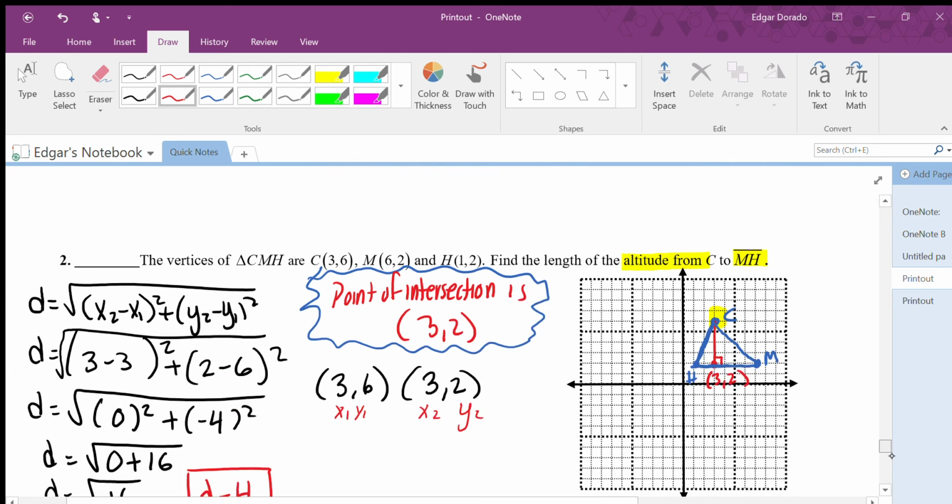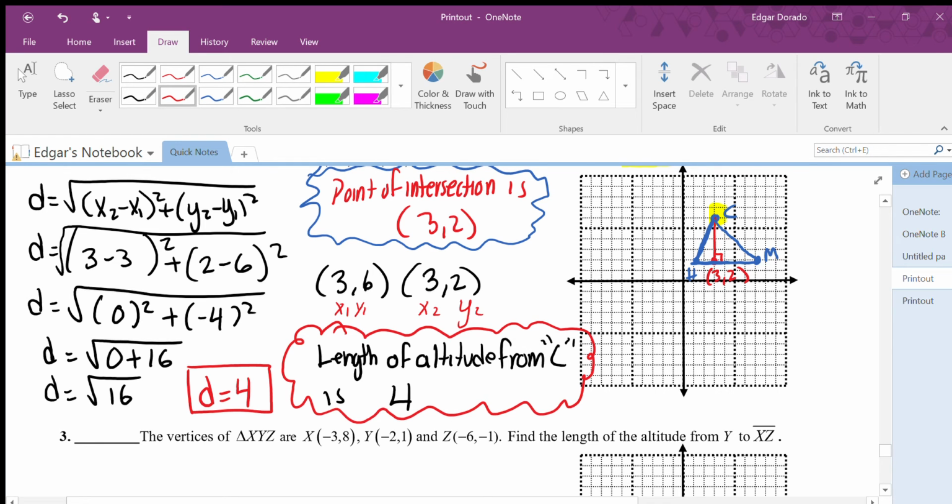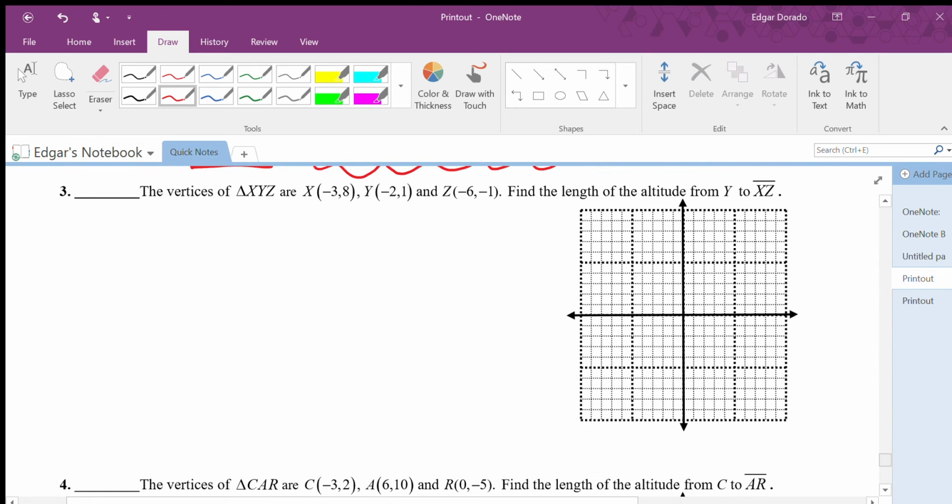So the length of my altitude from C is 4. This is my final answer. Alright, that is the length of my altitude. Alright, I'm going to go ahead and do one more with you guys, and then I'm going to have you guys try out the last one all on your own.